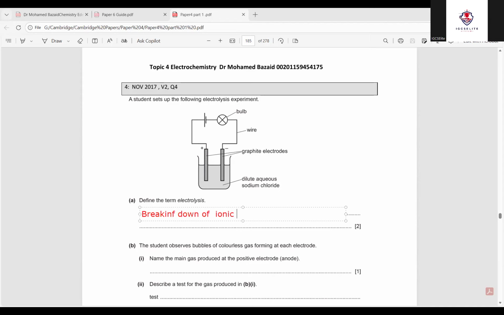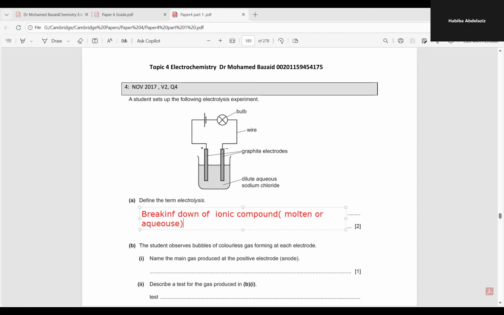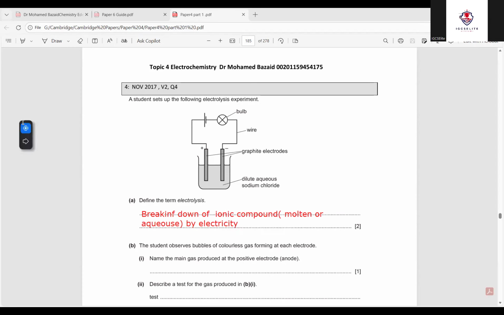Habiba, how many marks for the question? 2 marks. Can you give me distribution of marks? For the statement breaking down of ionic compound, molten or aqueous, that is 1 mark, and by electricity, that's the second one. So one word has 1 mark? Yes. This is IG system. Clear for everyone?